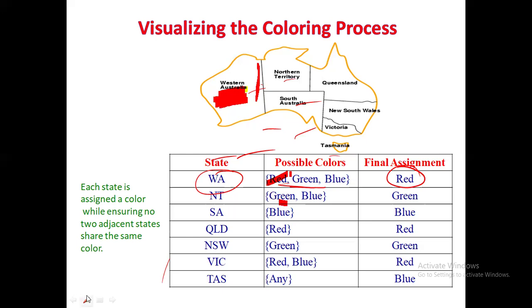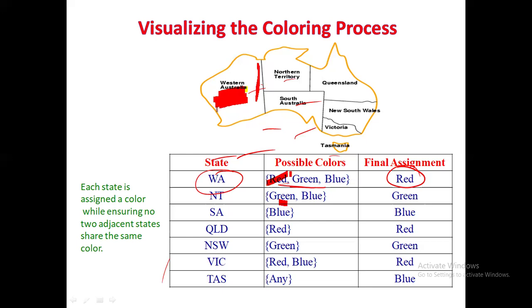The Northern Territory is adjacent to WA and SA, both of which must have a different color from NT. Since WA is already assigned red, NT cannot be red, leaving green and blue as the available options.